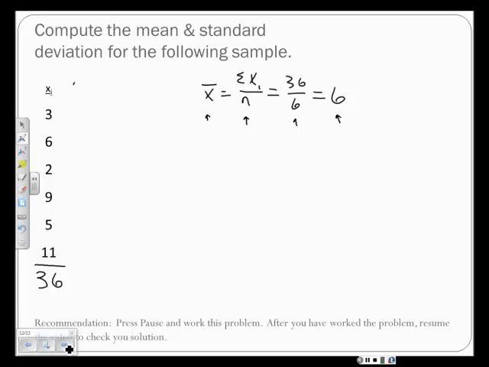So anyway, now I'm going to get the deviations. I'm going to subtract that sample mean from every value on here. And that does sum to 0. Then I'm going to square those deviations.